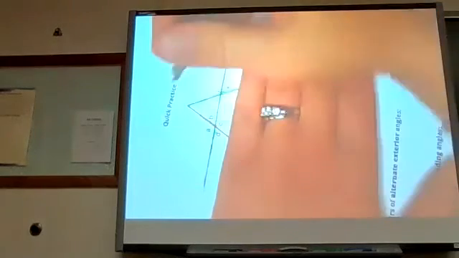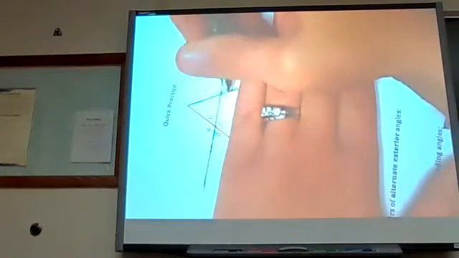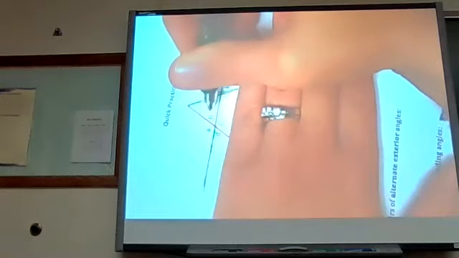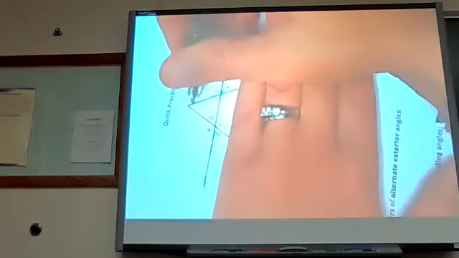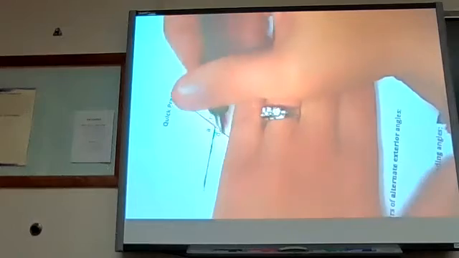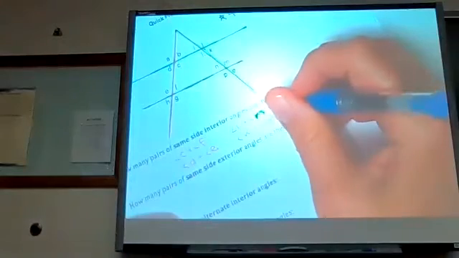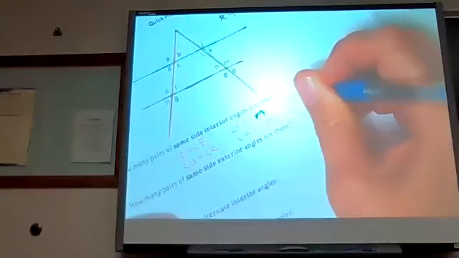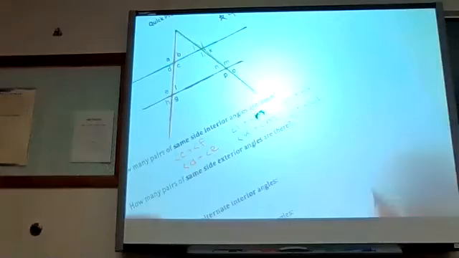So remember, here's my line, here are the two lines, and inside those two lines I have C and L, and then I have B and I. Even though it makes a little triangle up here, the B and I are between the two lines that this blue transversal is hitting. So the blue transversal same side interior would be B and I, and angle C and angle L.